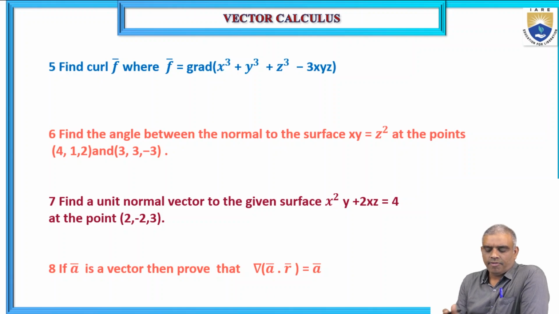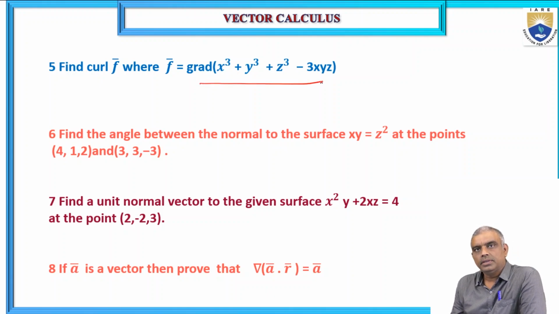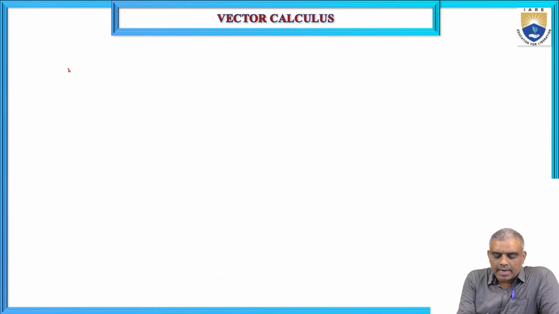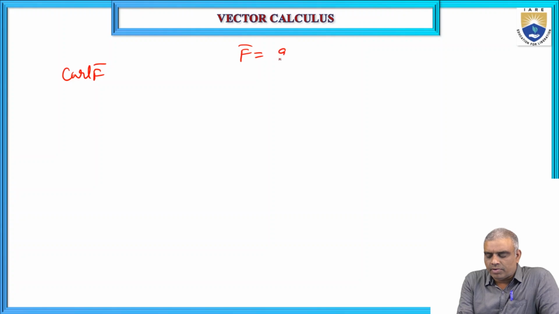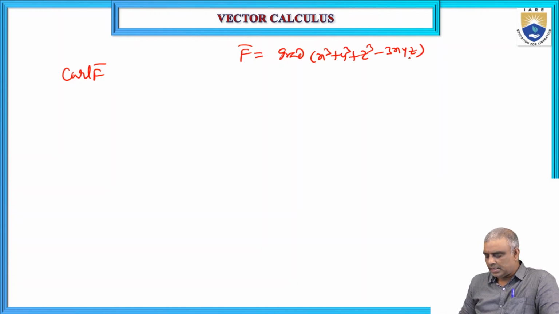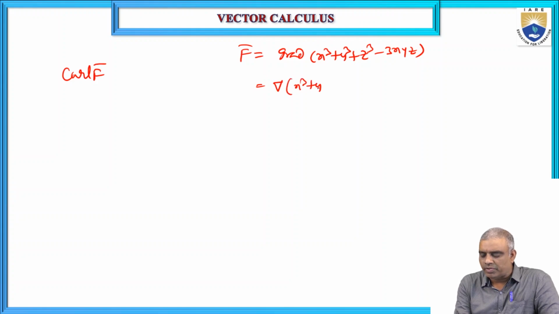Now find curl f bar, where f bar is equal to the gradient of x cube plus y cube plus z cube minus 3xyz. Curl grad phi is always 0, and I will show this.